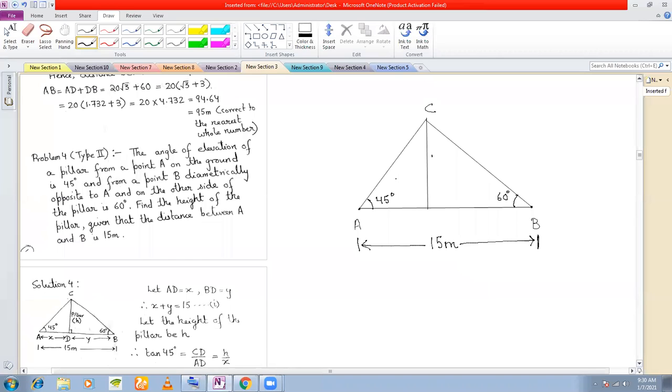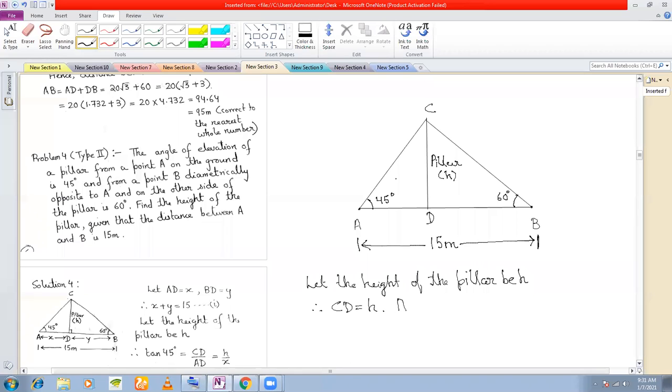That means now you have to find out the height of this pillar. Let us say the height of the pillar is h. Let us call this point T. Let the height of the pillar be h, therefore CD is equal to h.